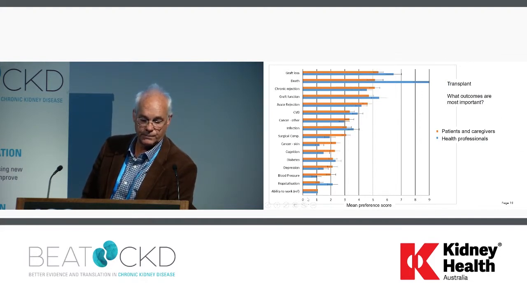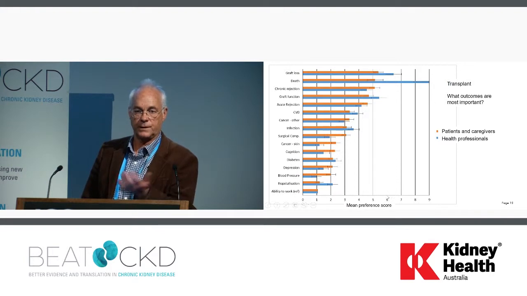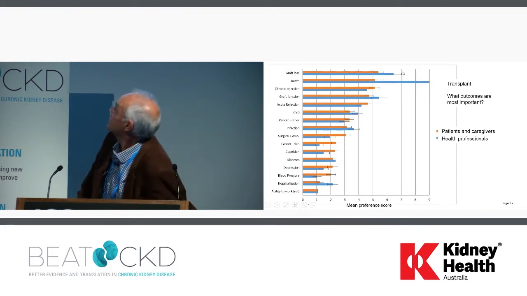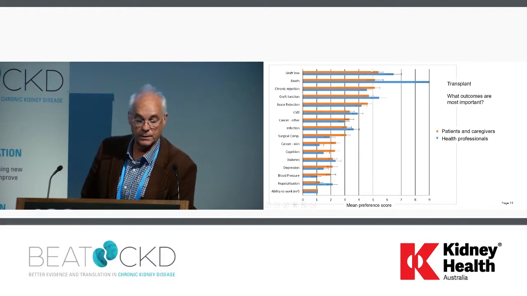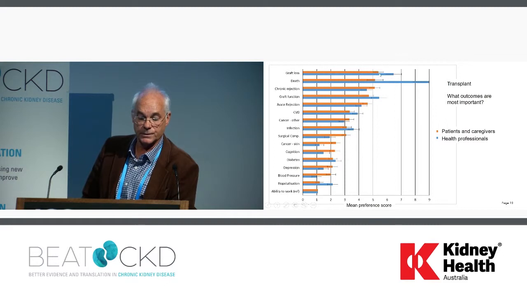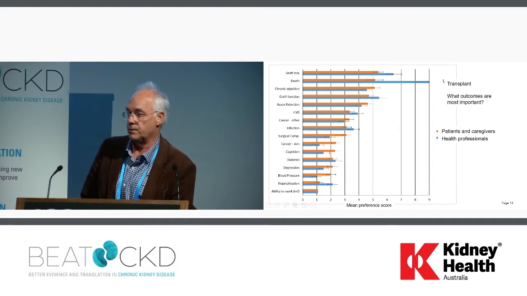I've expressed it down here as a mean preference score, which comes out of the surveys. The orange, or brown, or some not so good colour, are the patients, and the blue are the health professionals. The higher the bar, the more important.